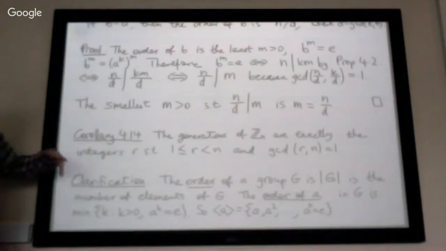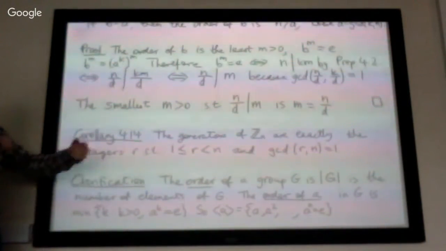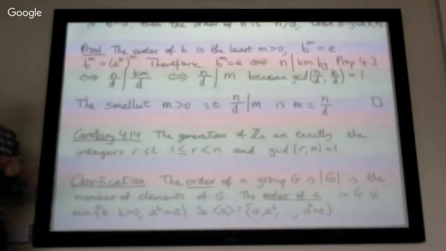If the group is infinite and the order is infinite, then you can't cycle like this. If it's finite, then this is what it does.